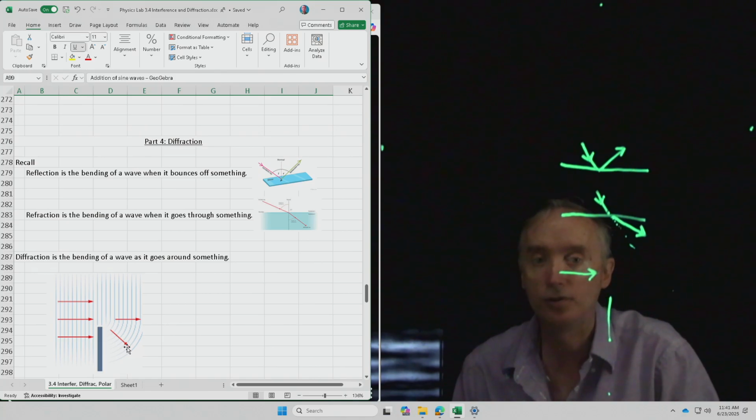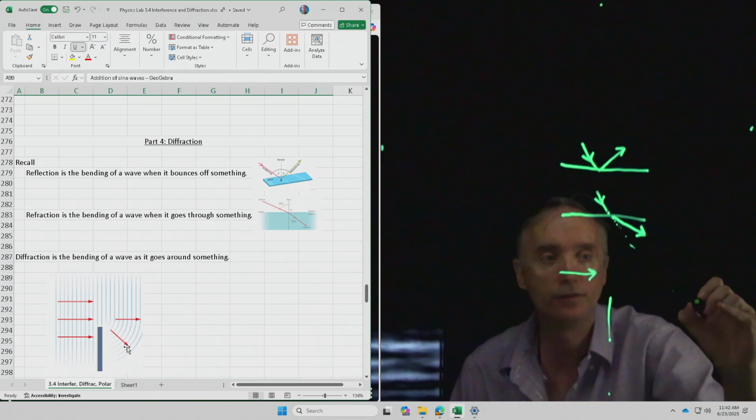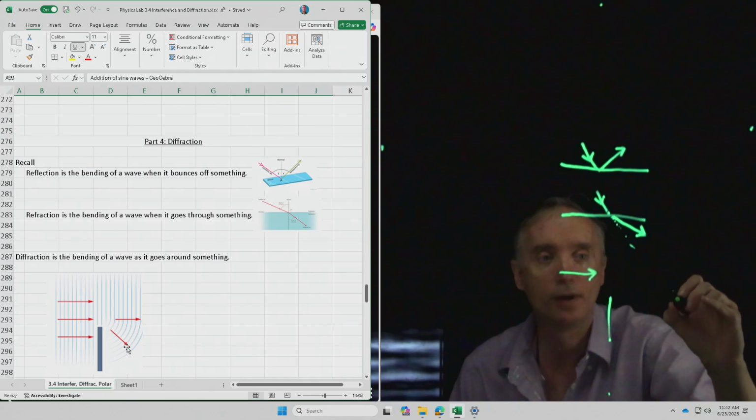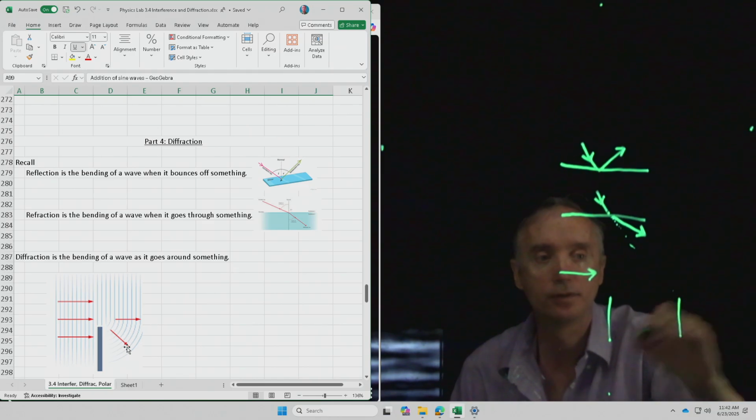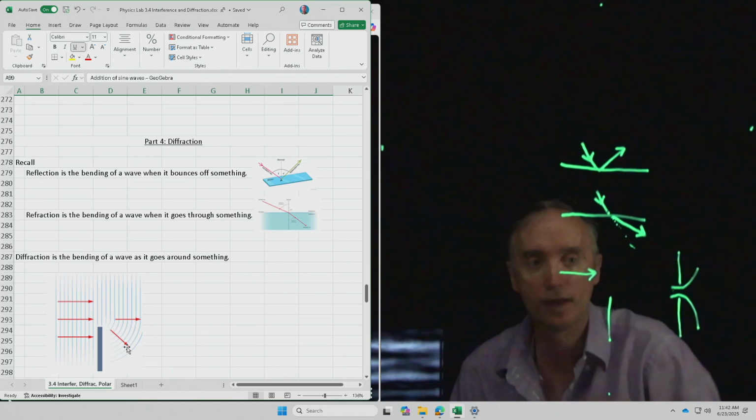Now, you could have two barriers. We know that if you've got a barrier up here, the wave is going to curve around it. What about if you had a barrier up here and it curves around it like that? Then what do you end up with?